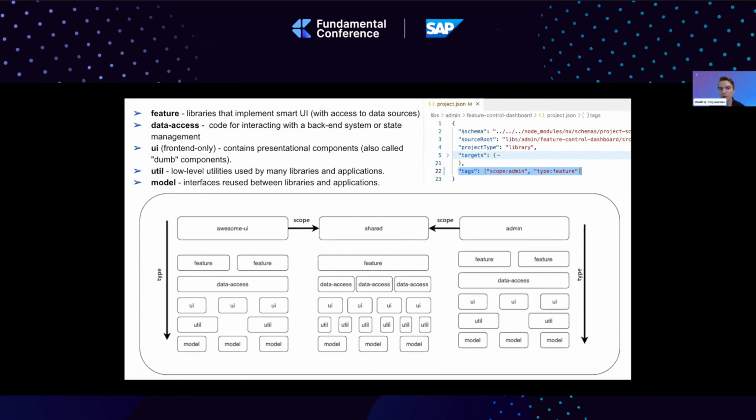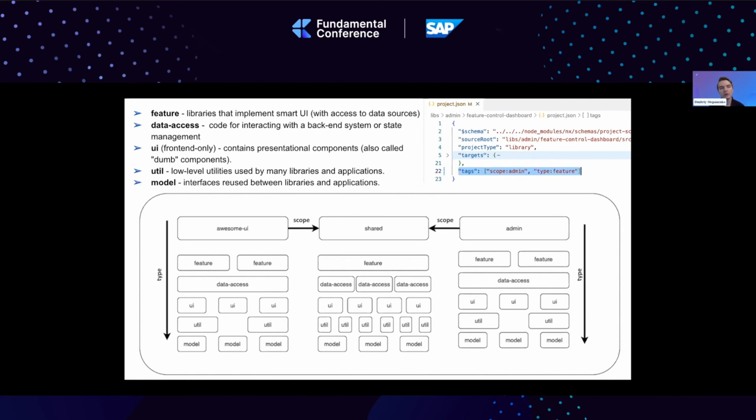As we said before, it's the main building block of your repository, so it should serve a well-defined purpose. And what we can do, along with splitting our logic vertically by scopes, is to also divide each domain horizontally into layers with different types of libraries. This concept is described in the NX docs, and the suggestion is to categorize libraries into a few types.